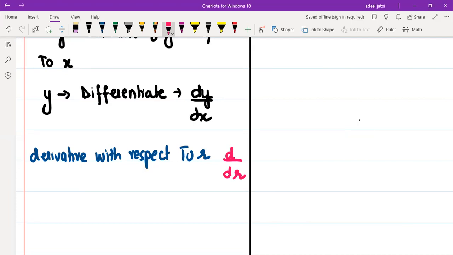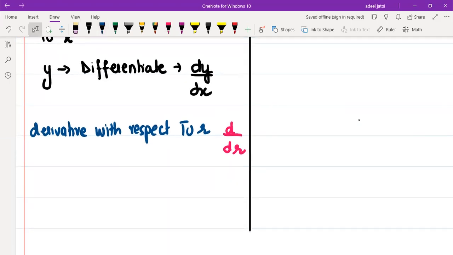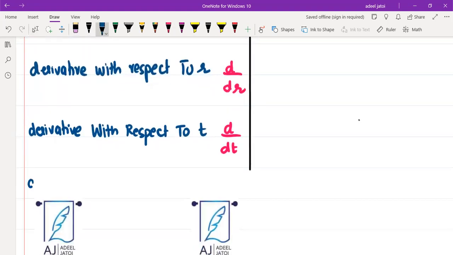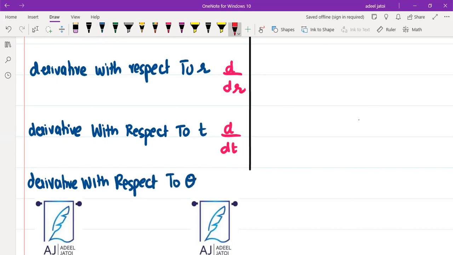So if it is the equation of y, it should be dy upon dr. Similarly, the derivative with respect to t can be used as well. So it should be d upon dt. Then the derivative with respect to theta can be there as well. This would be d upon d theta.